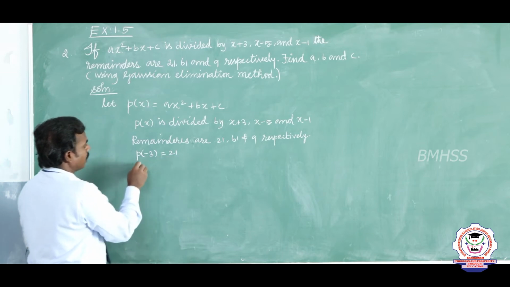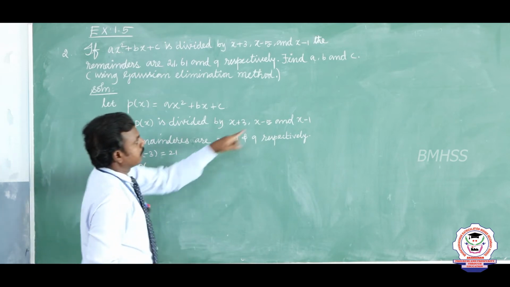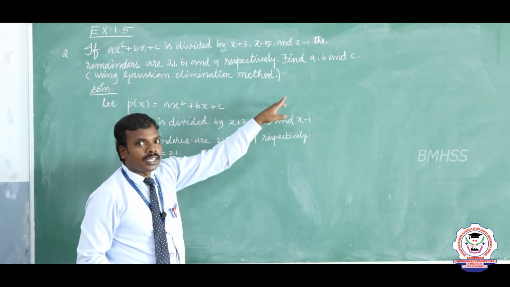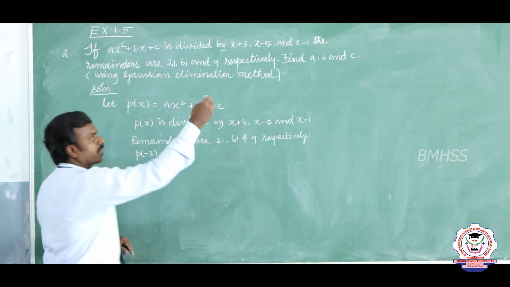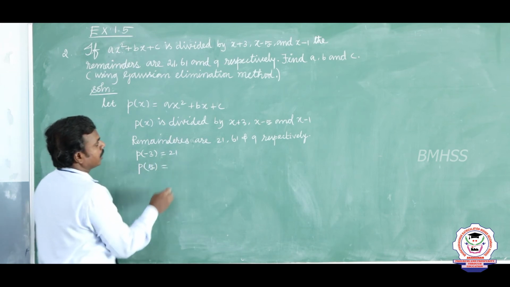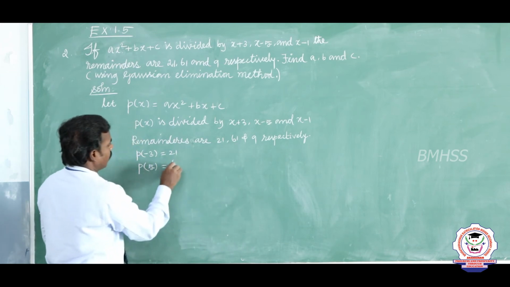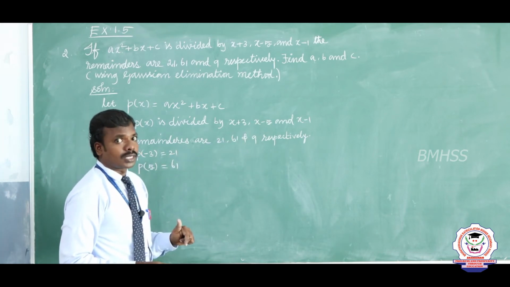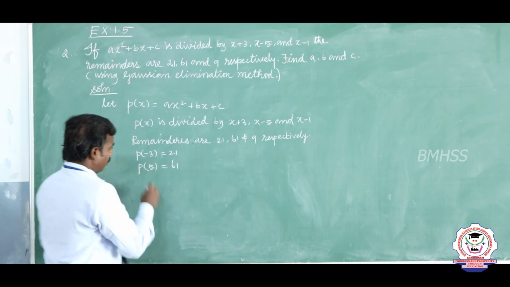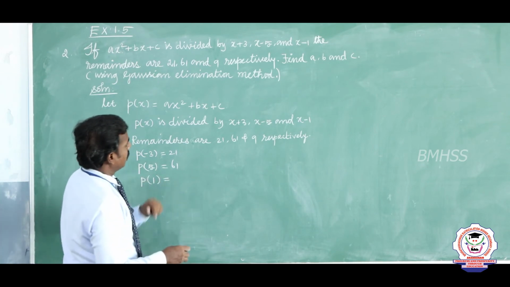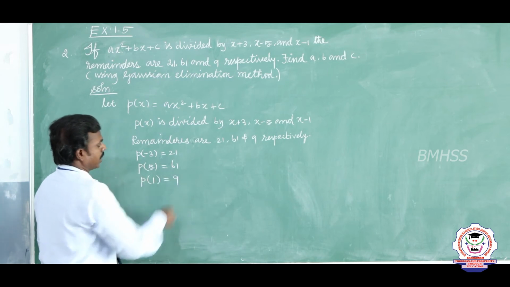The second one: x minus 5 equal to 0, so x equal to plus 5, because minus 5 taken to the right hand side changes to plus. So p of 5 is equal to the remainder, 61. And the third one, x minus 1, so x equal to 1. From this, p of 1 is equal to the remainder, that is 9. Listen to this.